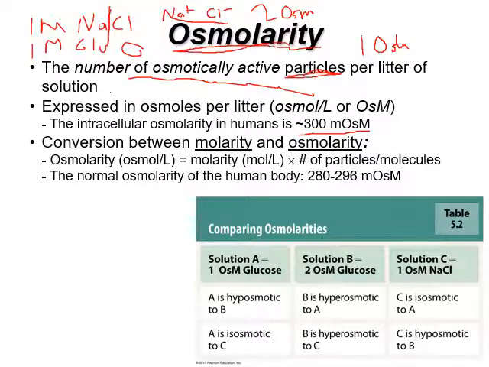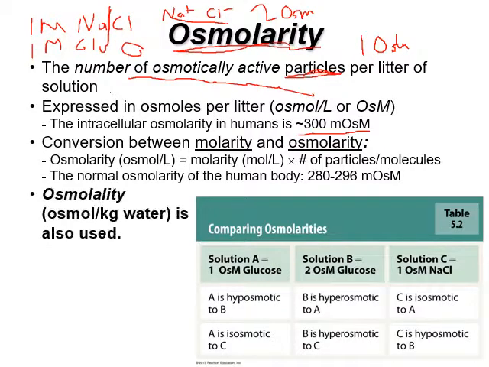It is not 1 molar NaCl. This would actually be a 0.5 molar solution of NaCl, because we're going to times 2 times 0.5 equals our 1 osmole. Okay, but let's just compare these different solutions.